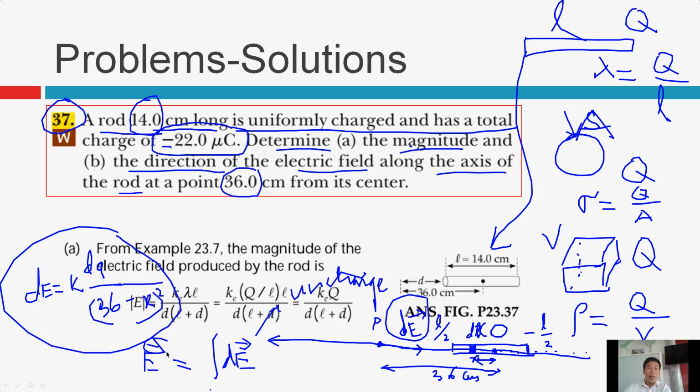The direction of E must be equal with the direction of dE. In this case, we can omit the vector. It means that I have E equal integrate dE. Okay.